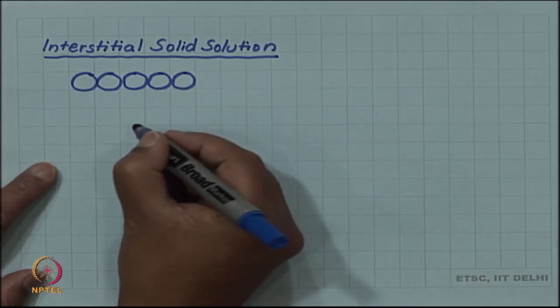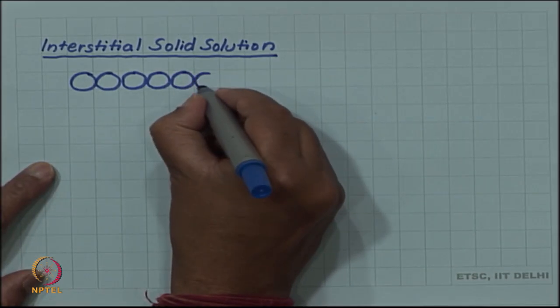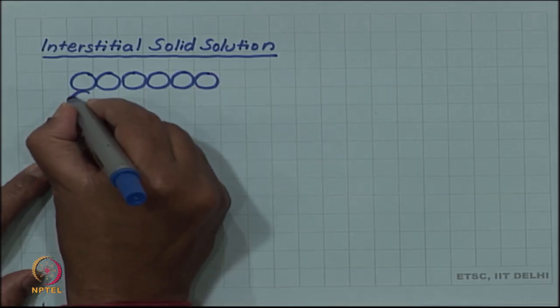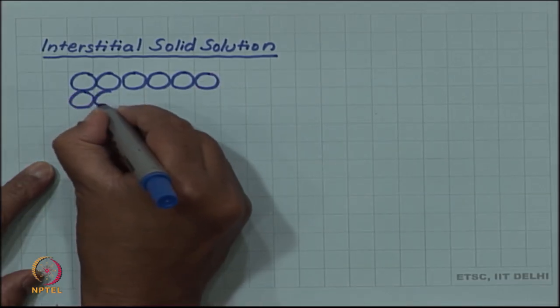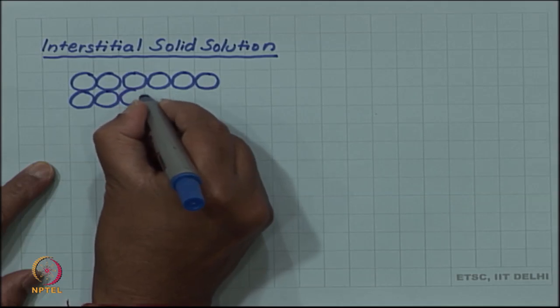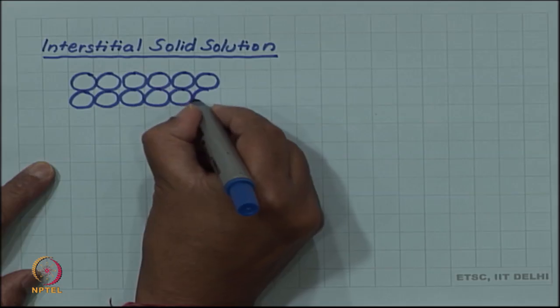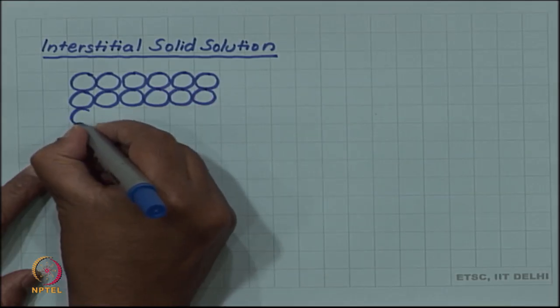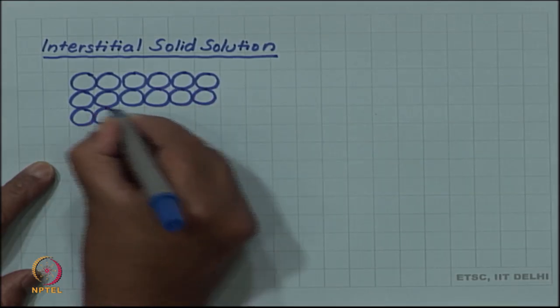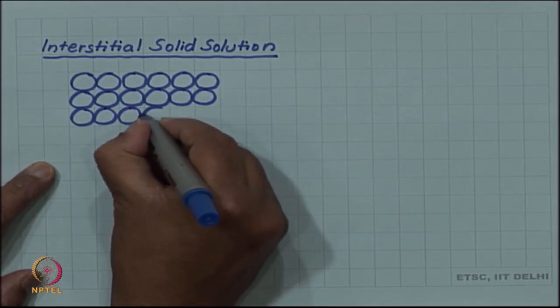These are my solvent atoms, making some sort of crystal structure, a 2D square crystal structure we can call it.